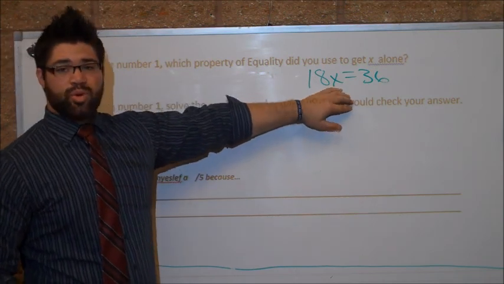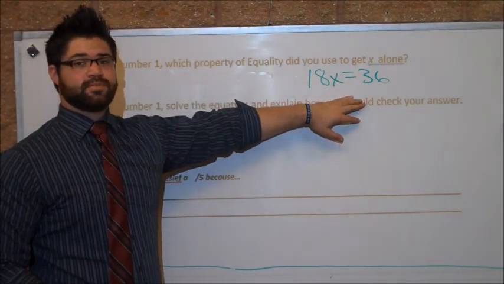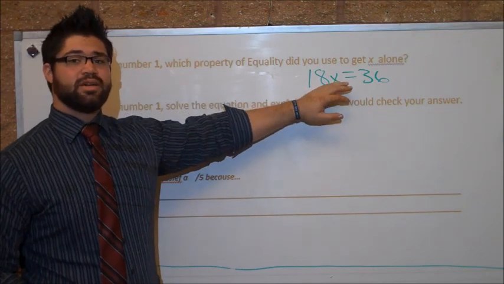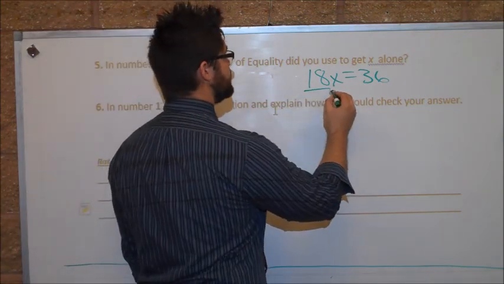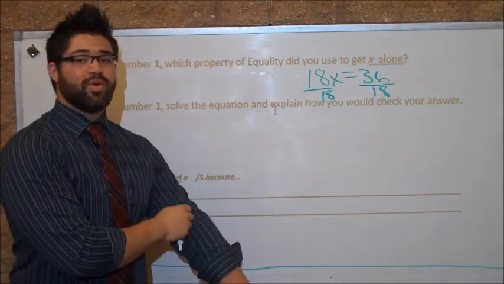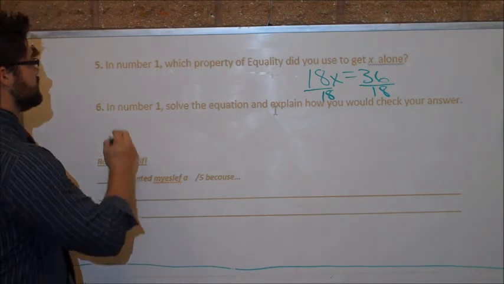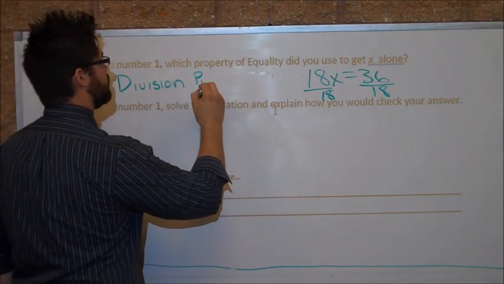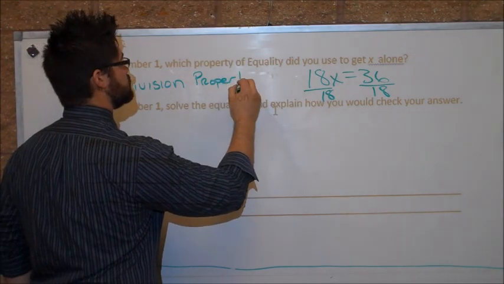Well, even though in the problem it's multiplication, we had to do the inverse of the operation being done to the variable to get it alone. So we divided each side by 18. The property that we used was the division property of equality.